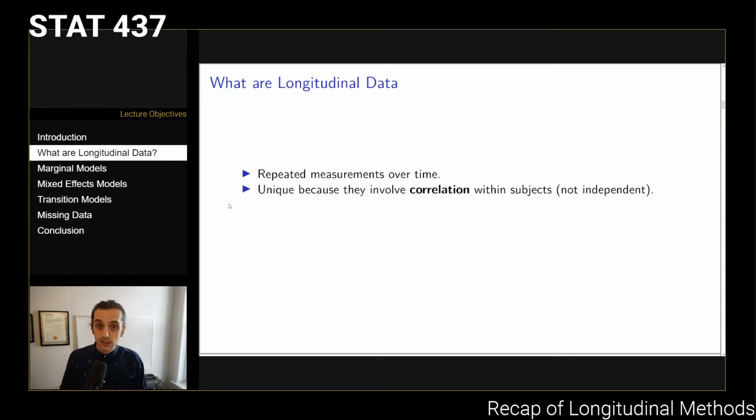Now, this is a unique structure for us to consider because that involves correlation within the subjects. So we don't have IID data at the actual observation level. Each subject is independent of all of the other subjects, but within each subject, there's also this correlation. And so because of that, our traditional methods sort of fall down when we're trying to use them. That means that we require special techniques to analyze them, which is of course what we've spent most of the term so far talking about.